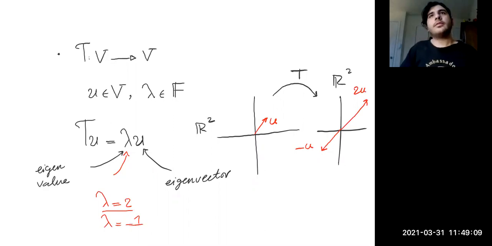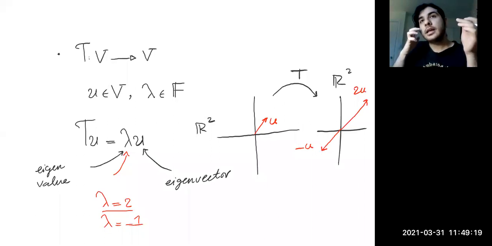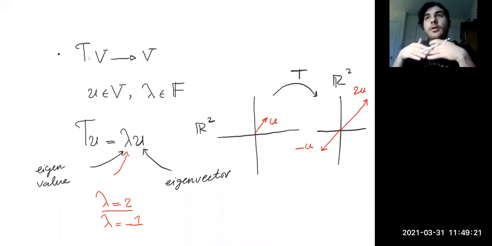So in order to define this concept, we don't need to only focus on finite dimensional vector spaces. This concept of eigenvectors and eigenvalues, they make sense even over infinite dimensional vector spaces. And probably you're familiar with some of them already.